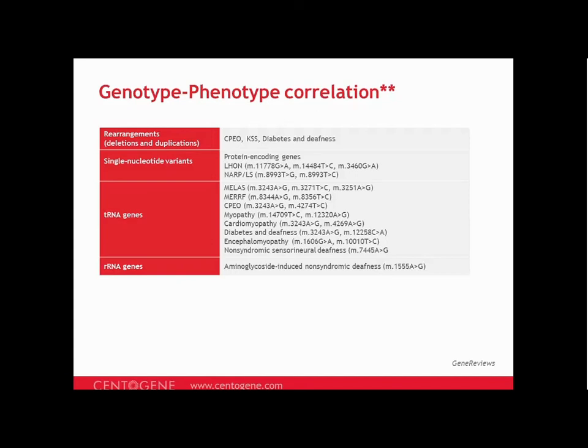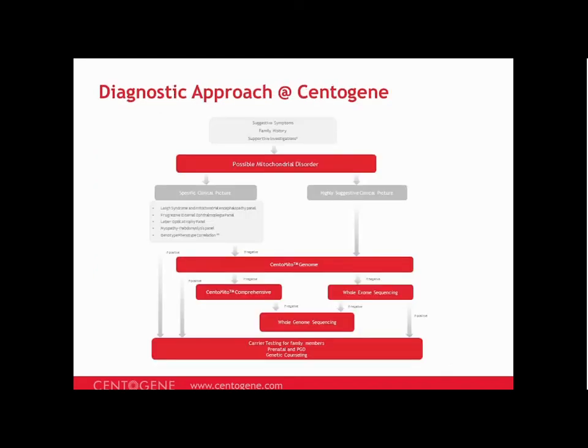Also, this table is very helpful. For example, under the rRNA genes, if you have aminoglycoside-induced non-syndromic deafness, this is one variant. You can just check this one hotspot, and then you can diagnose. So this is the choice if you have a specific clinical picture.